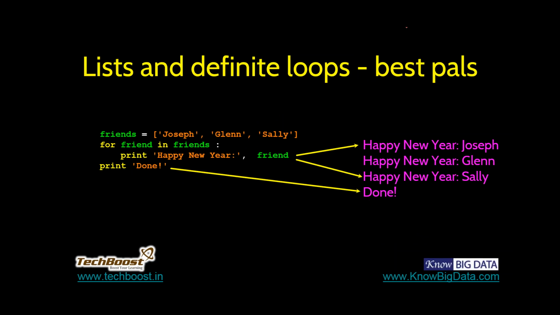Okay. Here is an example of a loop which uses a list of strings, list of friends. So I have defined a list of 3 friends, assigned it to friends variable, and I'm looping over each friend. Friend becomes my iteration variable. All right.